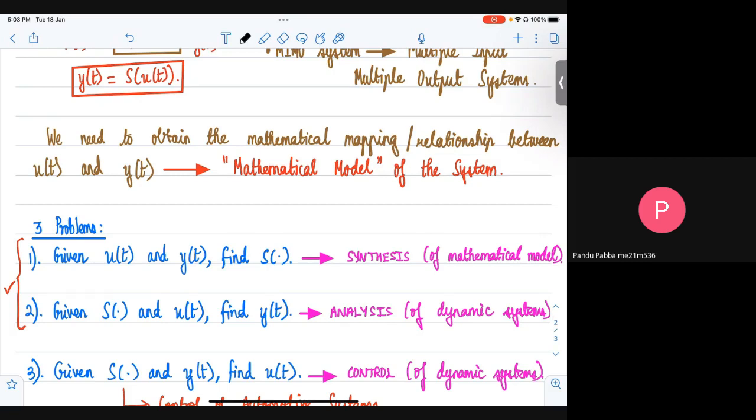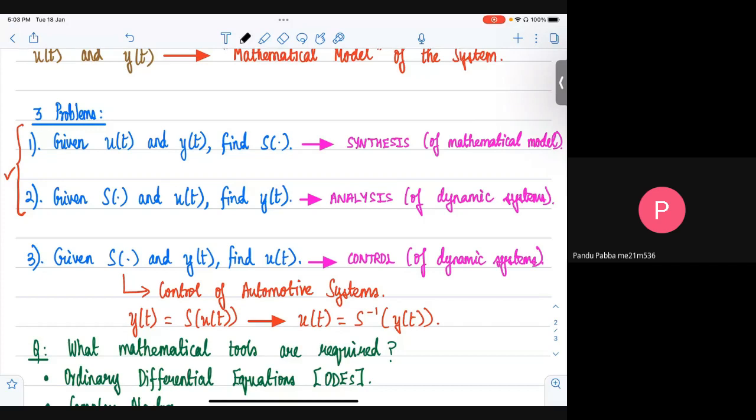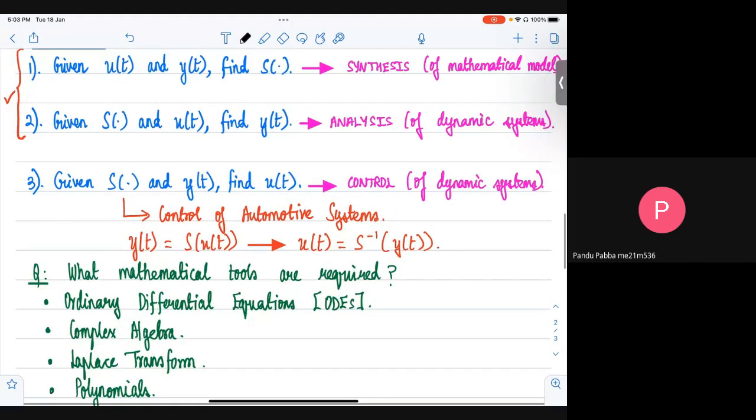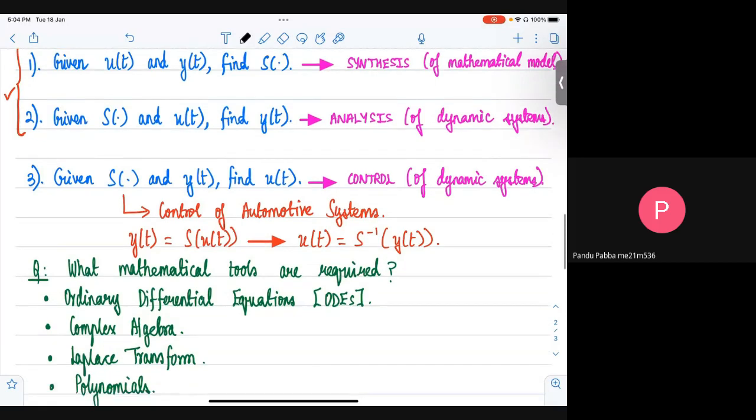And broadly we can do 3 problems. The first one is if we are given the input U and the output Y, we can find S, which essentially deals with the synthesis of the mathematical model. Once we obtain a model, we can also do analysis of the system. We can provide different inputs, and then we can figure out the corresponding outputs.